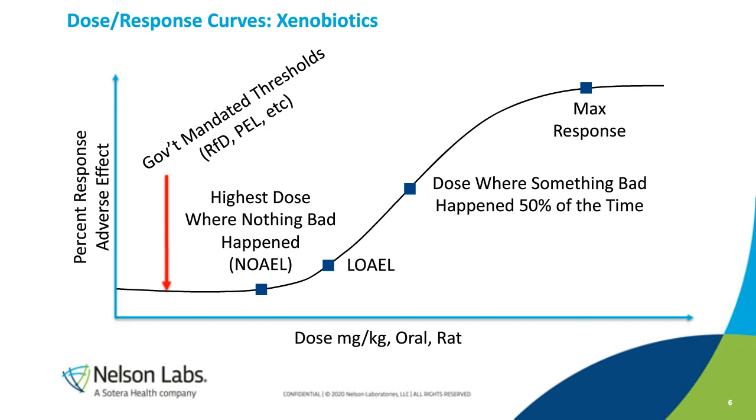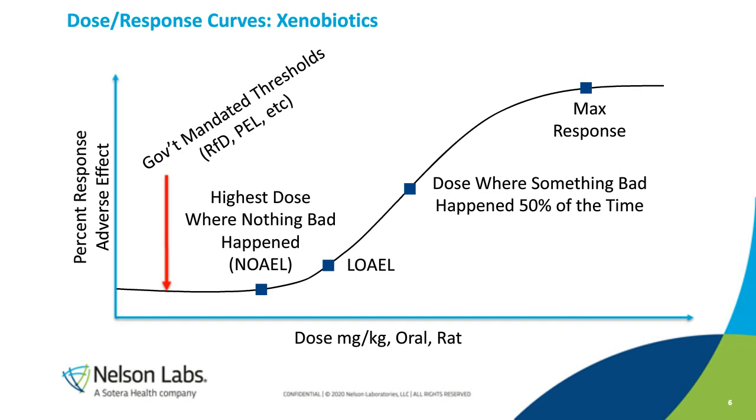And normally the curve really looks like this. What we look for in the process of doing toxicology is these two key levels. One is the highest dose where nothing bad happened. That's the no observed adverse effect level, the highest amount that they dosed to an animal model where nothing bad happened. At the same time, we also look for the lowest observed adverse effect level.